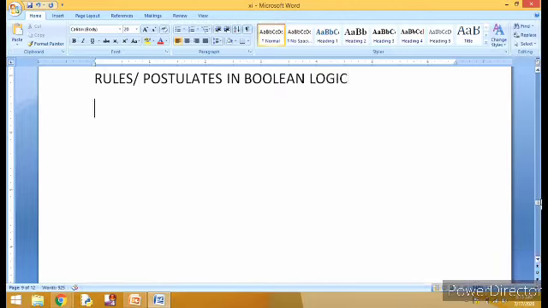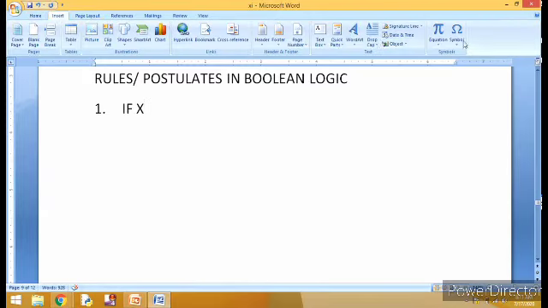The very first: if x is the input and x is not equal to 0, what will the input be? x is equal to 1. Very good. Only two signals are there, 0 and 1.